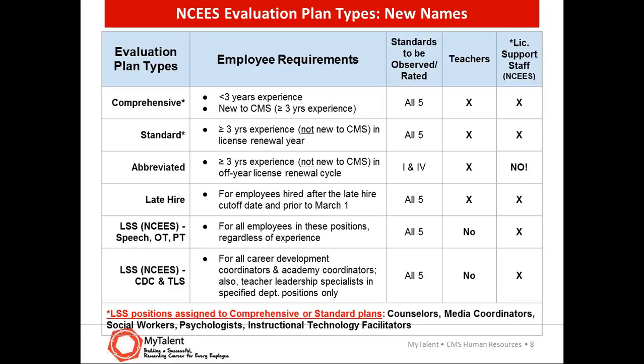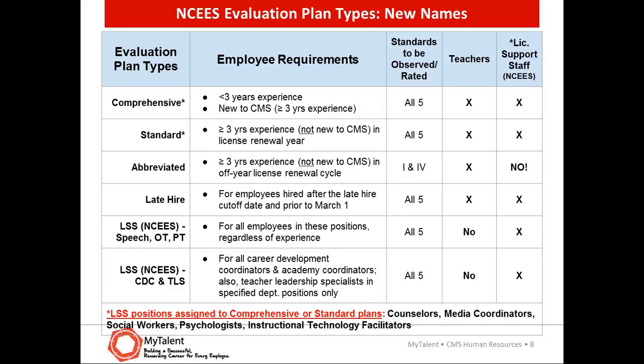That's another thing that will be new for this year for licensed support staff with a NESIS type plan, and we're talking about the positions that are listed at the bottom of the table there. So that's counselors, media coordinators, social workers, psychologists, and instructional technology facilitators.